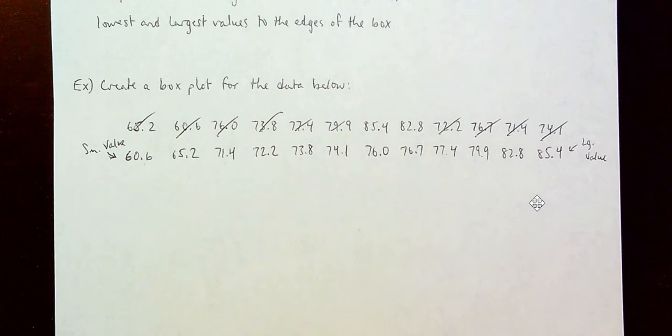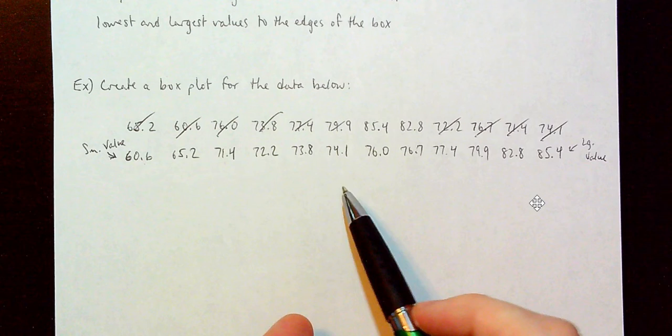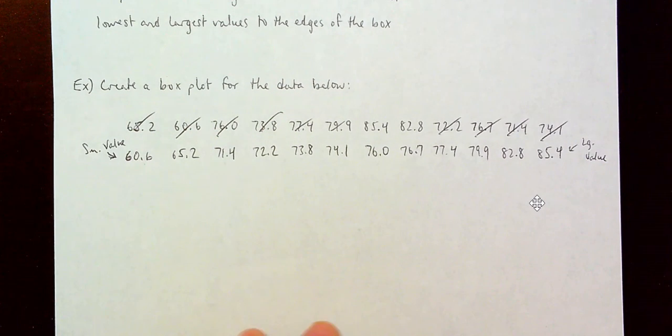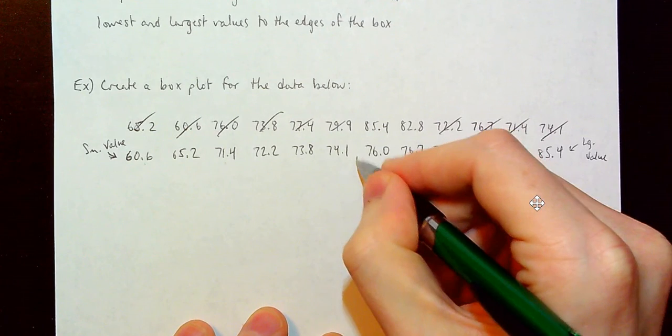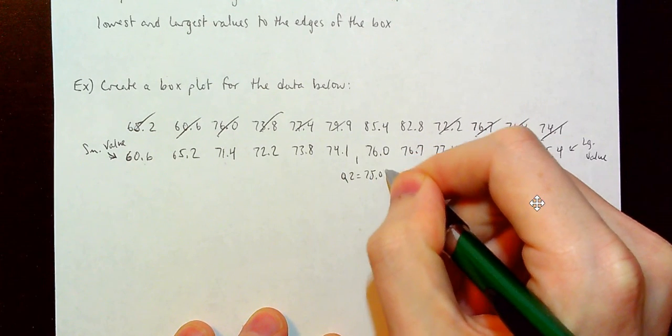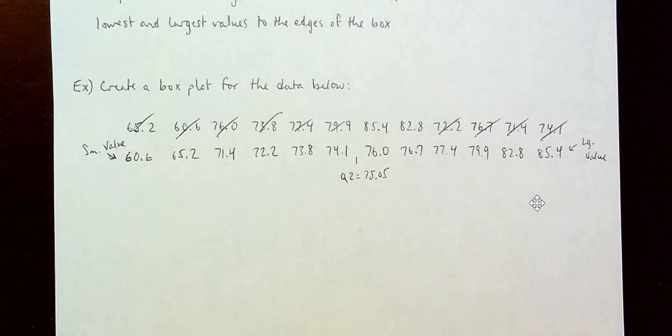So if I do 74.1 plus 76, and I divide that by 2, that is going to give me 75.05. So there is my second quartile.